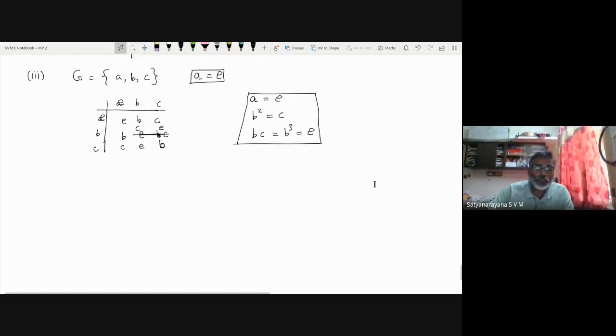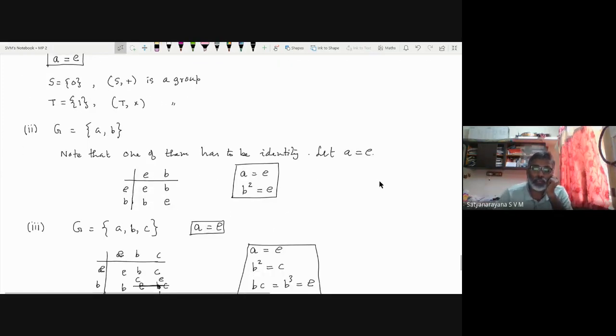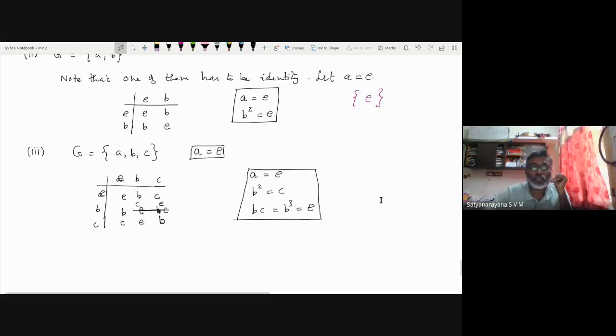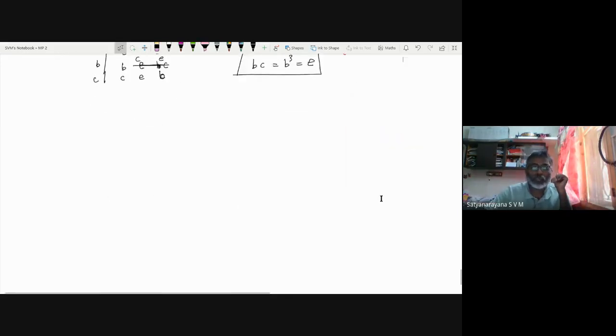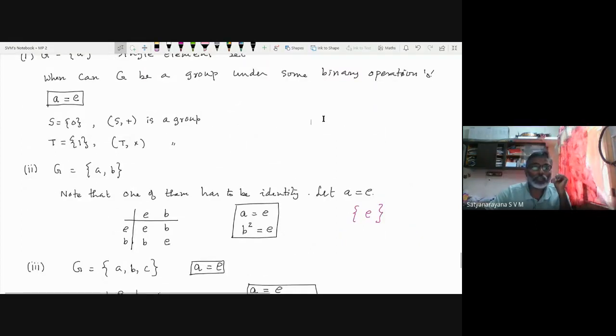Now you can see that, in the first case, let's go back to this a little bit carefully. In this case, we have a singleton element, that is identity. And in this 2 element case, I have B, and then B square is identity. Sorry, I think I should have written this here.